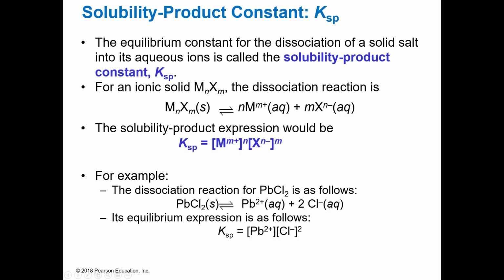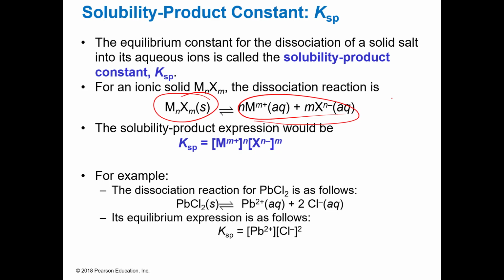So the solubility product constant K sub SP is calculated just like we've seen the others. You only use aqueous species. Usually in these we're starting with a solid of some type, so that doesn't play any role. We're just looking at how much of it dissolves.